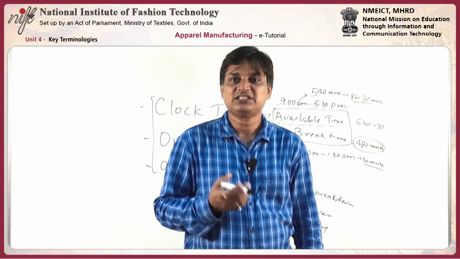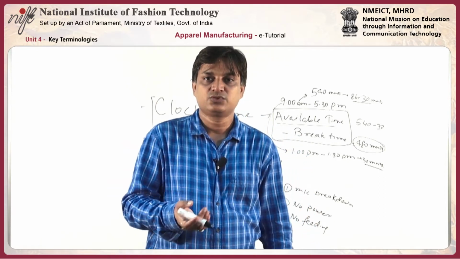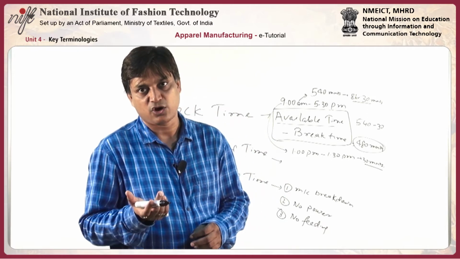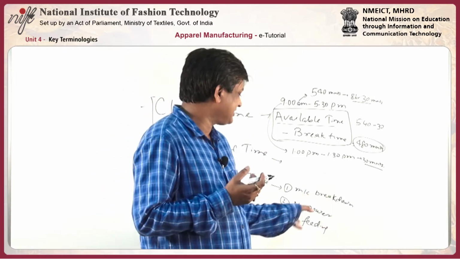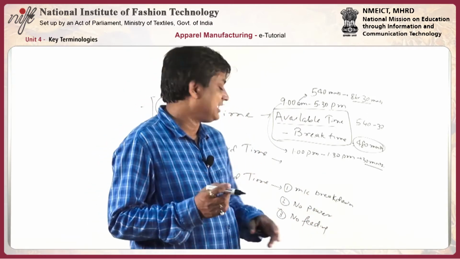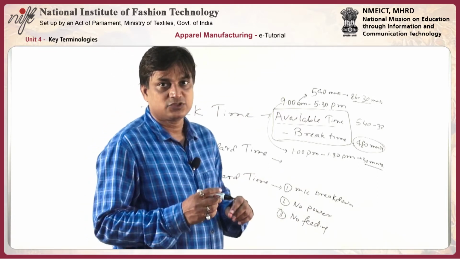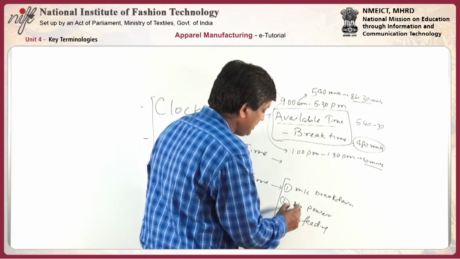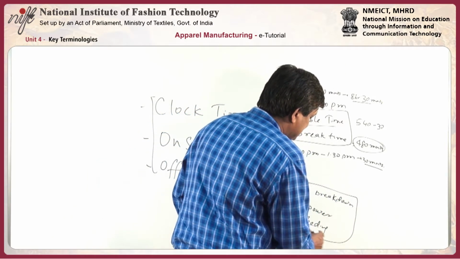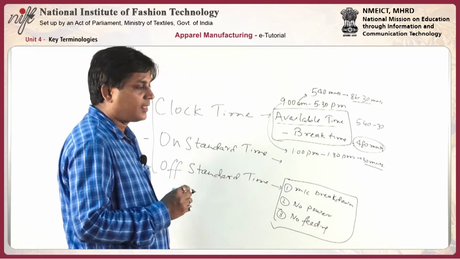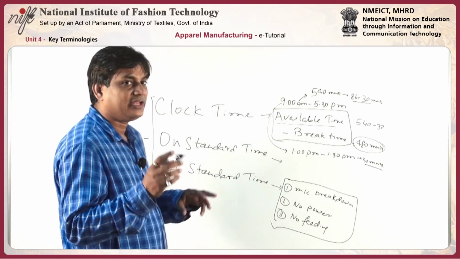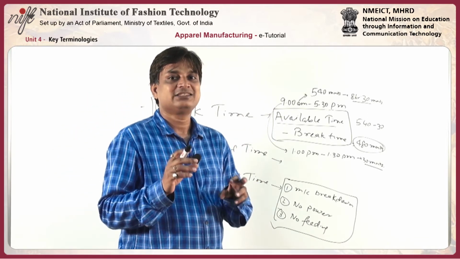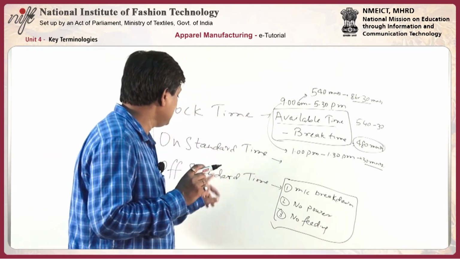The pieces are not available to the operators so that he can do his or her operation. These are the examples of off-standard time. These are the external factors. So when there is unproductive time, that time comes under the off-standard time.